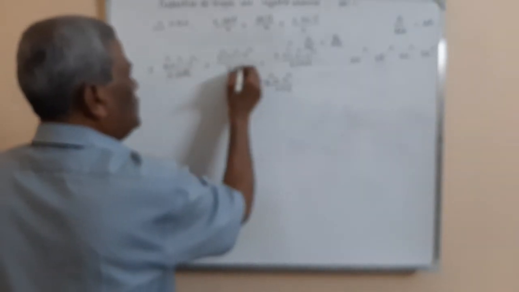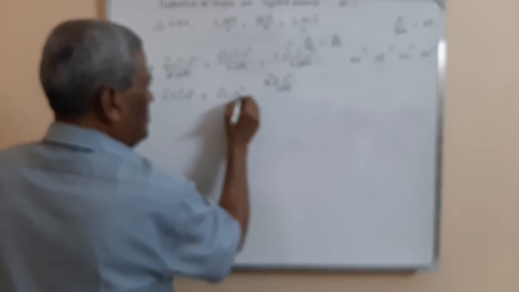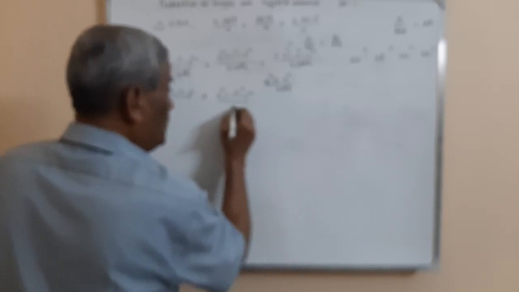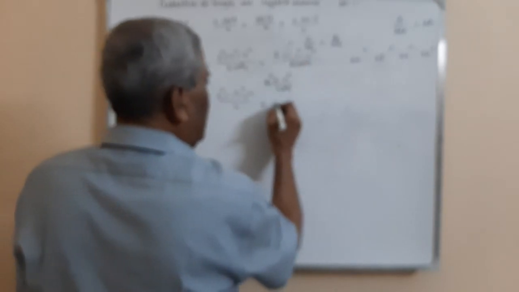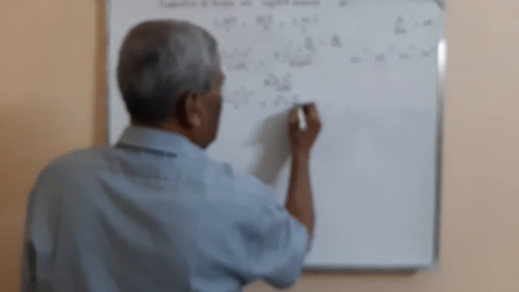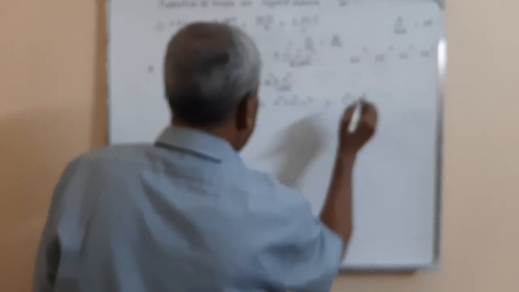Now we can cancel ABC throughout. So that we get, a 2 cancels here, B square plus C square minus A square plus A square plus C square minus B square by 2, plus there also 2 cancels, A square plus B square minus C square is equal to A square plus B square.